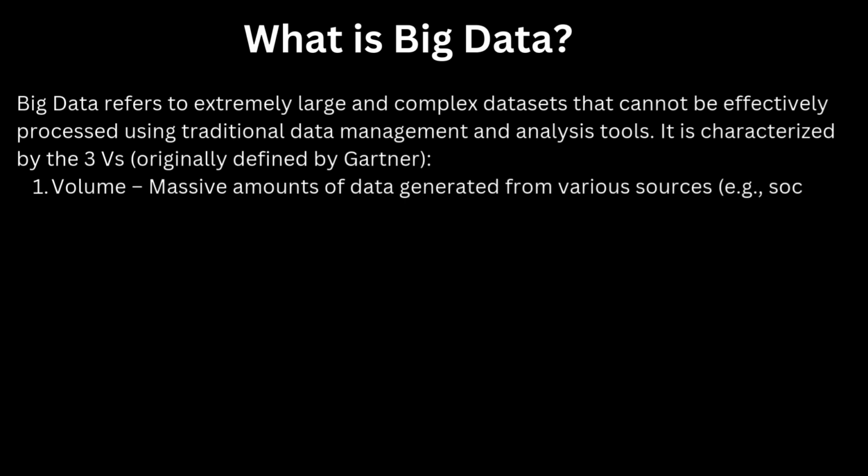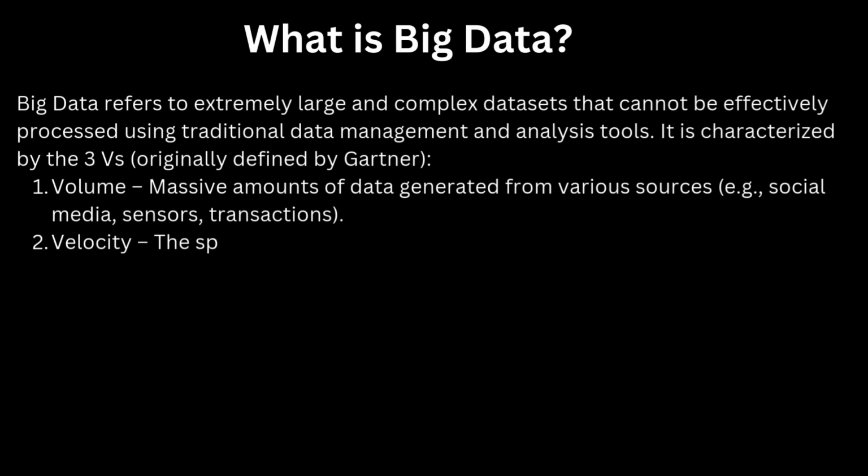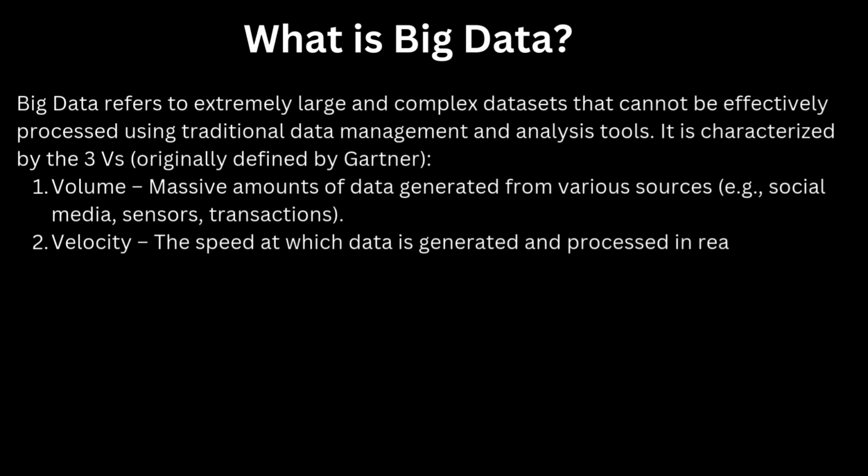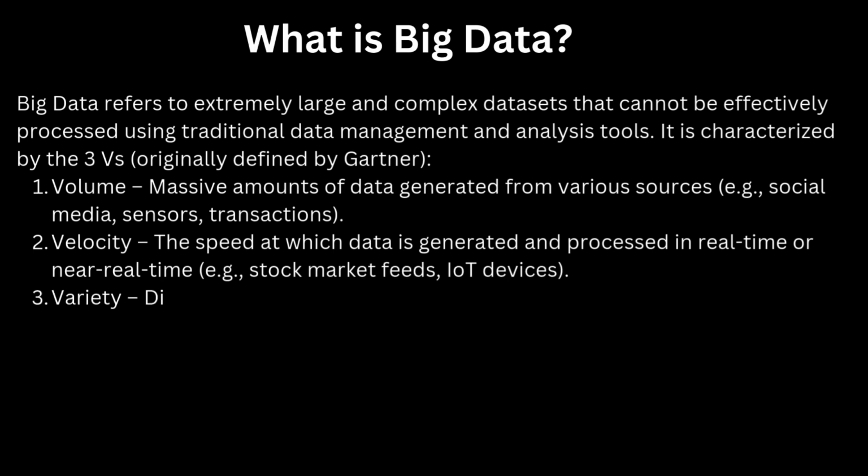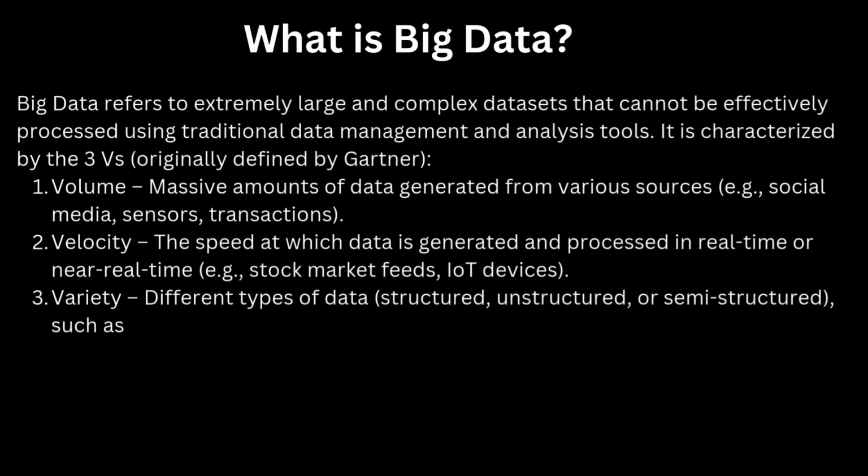Example, social media, sensors, transactions. 2. Velocity. The speed at which data is generated and processed in real time or near real time. Example, stock market feeds, IoT devices. 3. Variety. Different types of data, structured, unstructured, or semi-structured, such as text, images, videos, logs, and more.